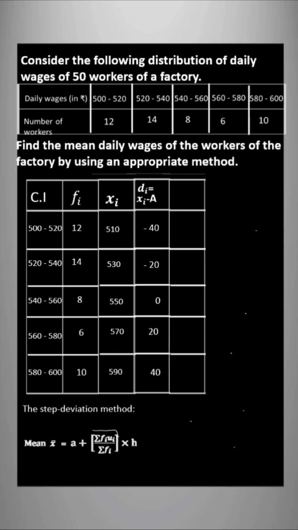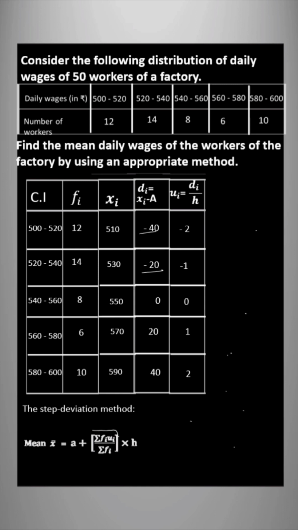So now let us have a column for ui, which is equal to di upon h. di is minus 40. Minus 40 by 20 is minus 2. Minus 20 by 20 is minus 1. 0 by something is 0 only. 20 by 20 is 1. 40 by 20 is 2.